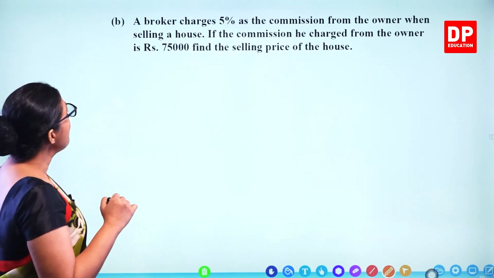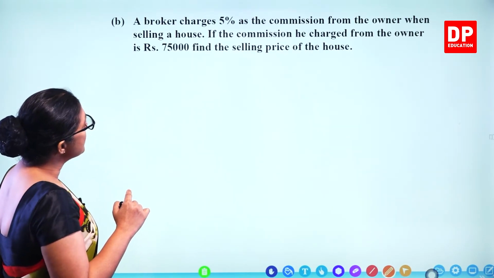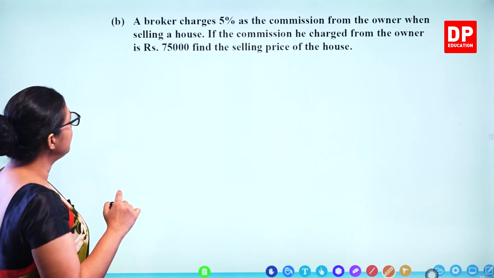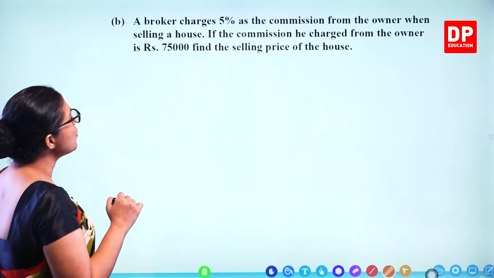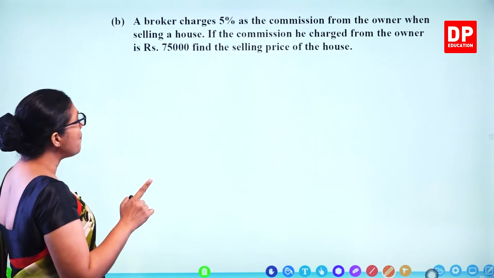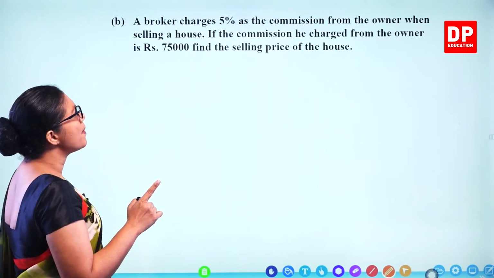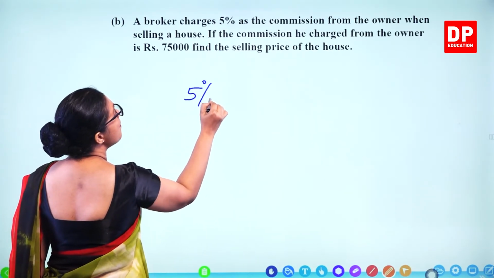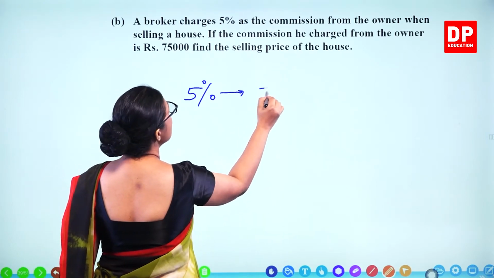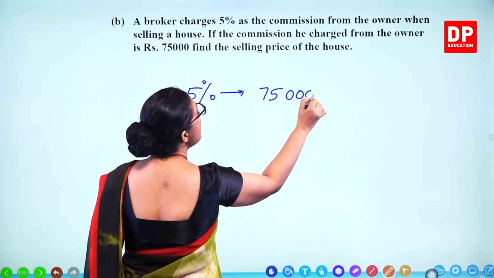Look at part B. A broker charges 5% as the commission from the owner when selling a house. If the commission he charged from the owner is 75,000 rupees, find the selling price of the house. So 5% means 75,000. So you need 100%.